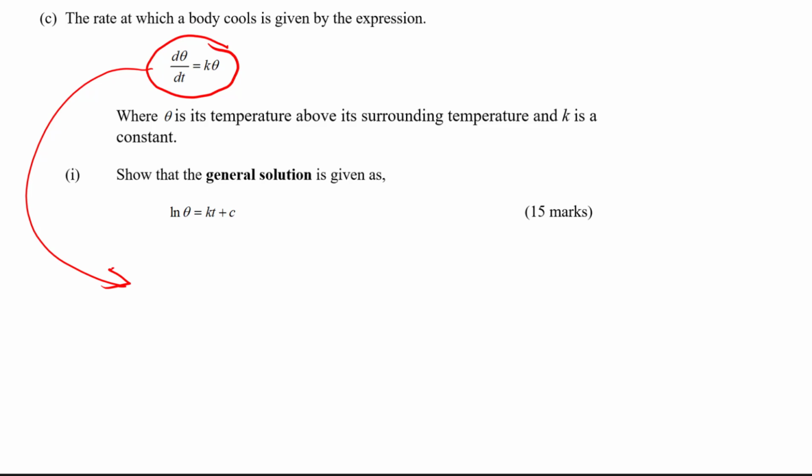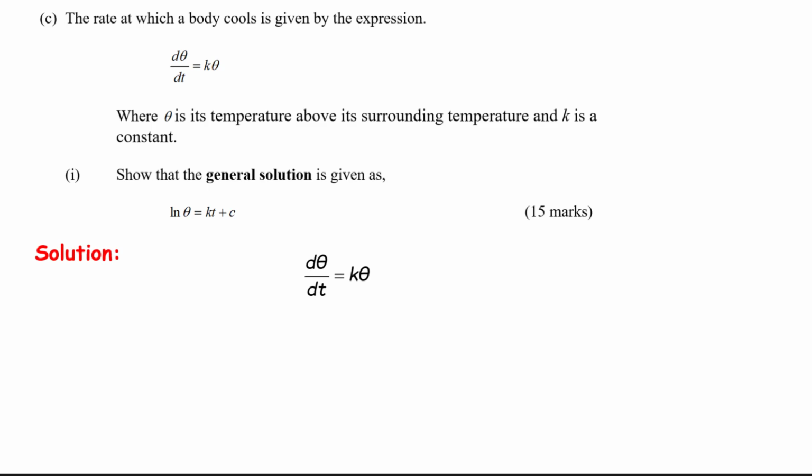You have to get the theta variables together, so it's going to be d theta over theta is equal to k times dt. So if you cross multiply, bring the theta down, so you get d theta over theta, and the dt goes to the other side, and you get that. And then we just integrate both sides.